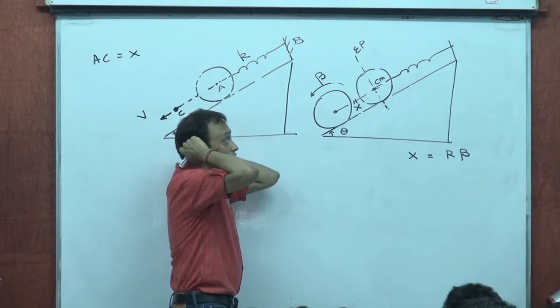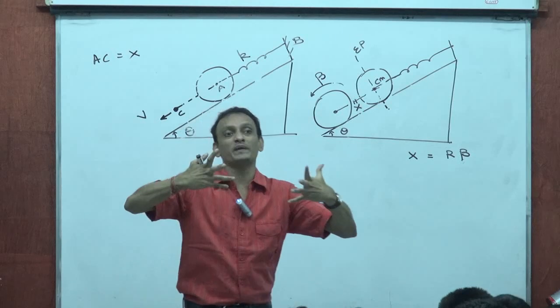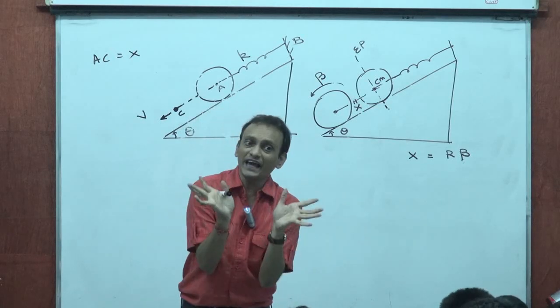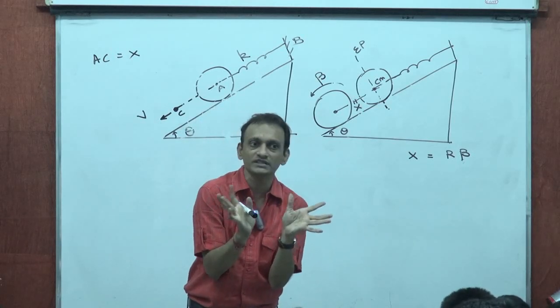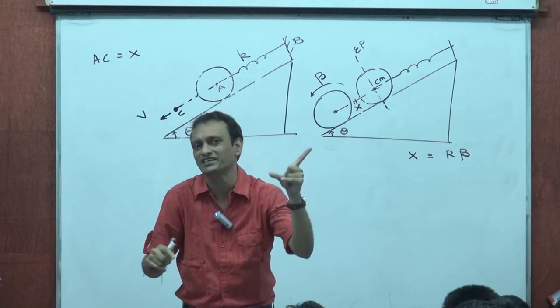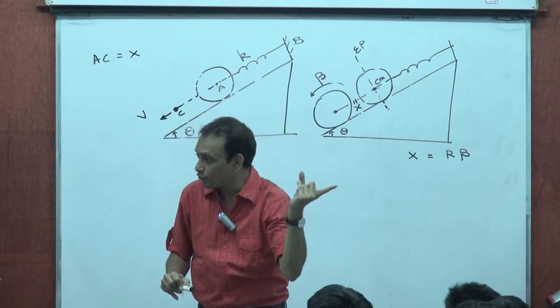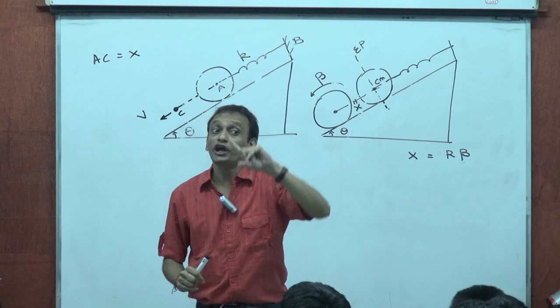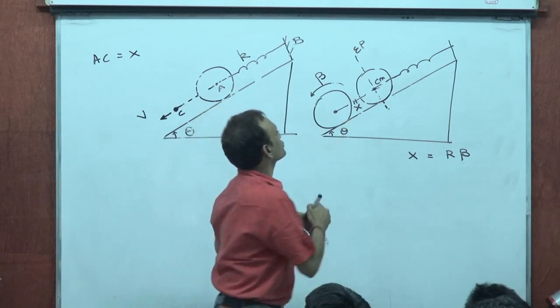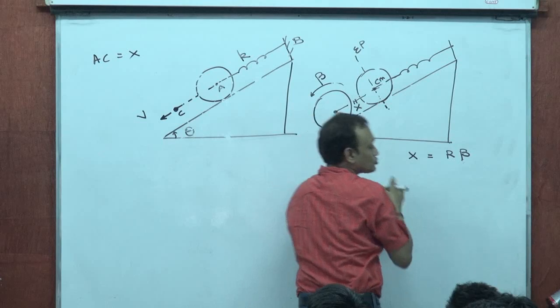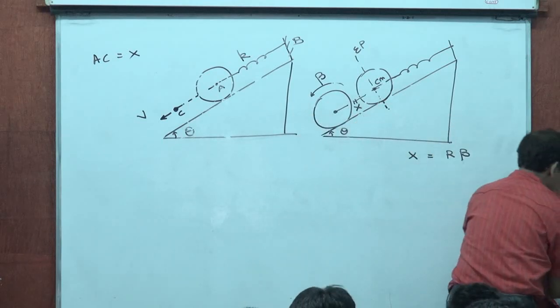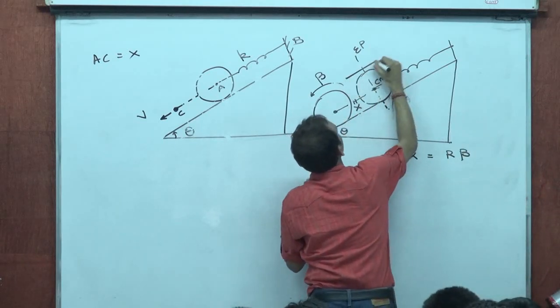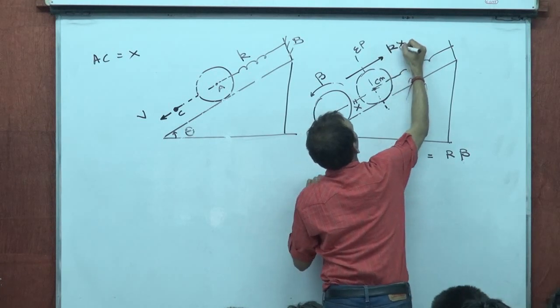Now, the additional spring force, everything else is remaining the same, mg cos theta, mg sin theta, normal reaction. What is the only thing that is changing? The spring force, right? Now the additional spring force is kx upwards.